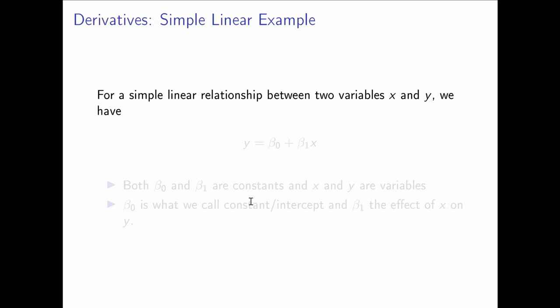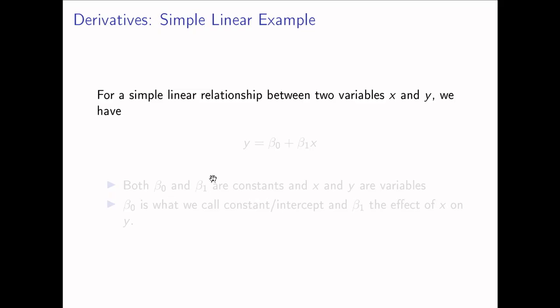Well, here I want to introduce a very basic concept in college or advanced mathematics, that is derivatives, by using regression models or basic math equations as a case in point.